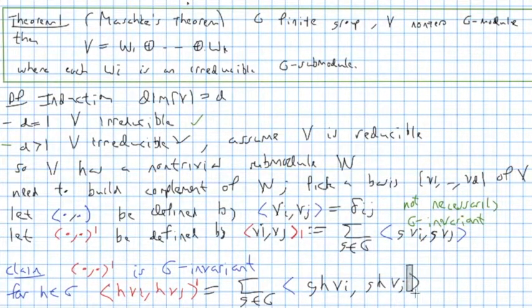So h is fixed, and I'm adding over g times h. As g goes over the group, gh just goes over the group.